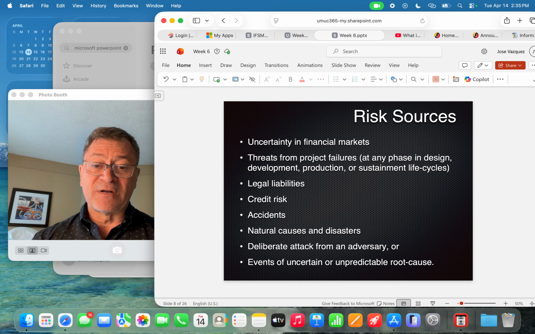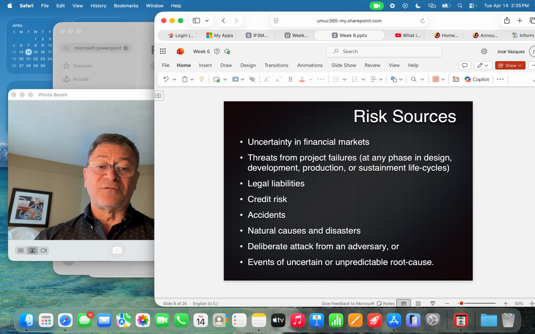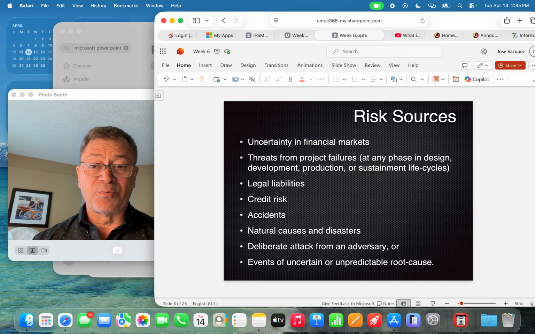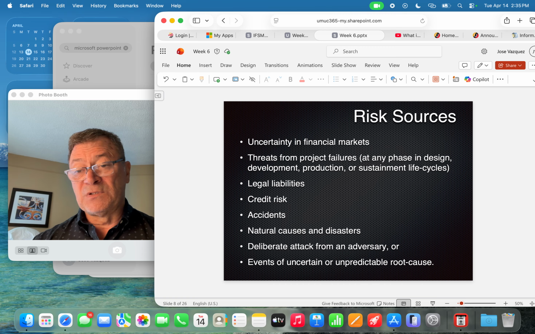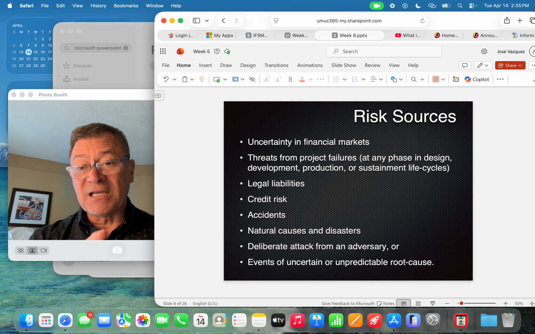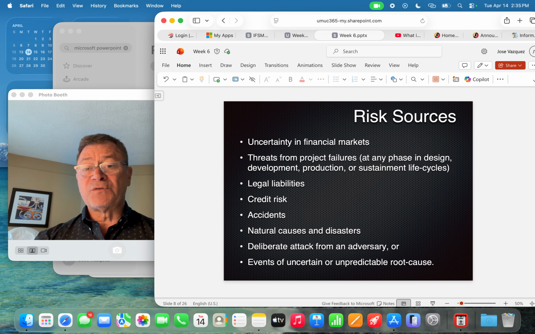A deliberate attack from an adversary, or events of uncertainty or unpredictable root cause. And again, things happen. But one that is not listed here is also the insider threat. That means your employees. An employee gets mad at you and suddenly releases privileged information or secrets about your company or your finances.